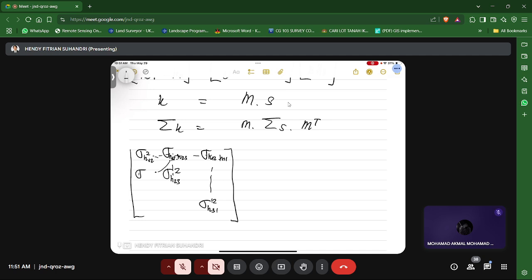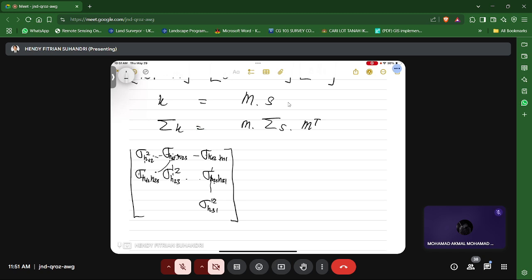Pastilah hubungan antara ini dengan ni, H12 dan H23. Itu kenapa dia sama. Kemudian di sini adalah berapa ni? Hubungan antara ini dengan ni, H23 dengan H31.